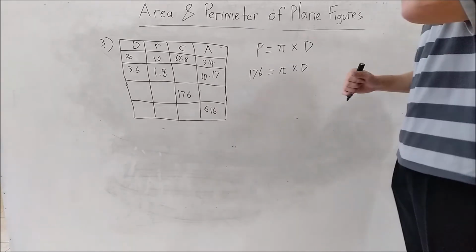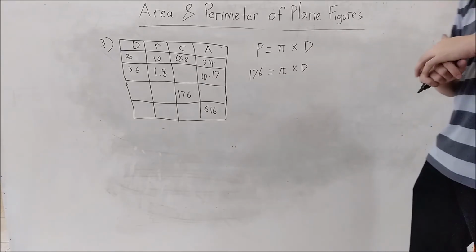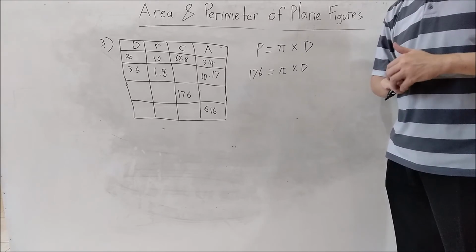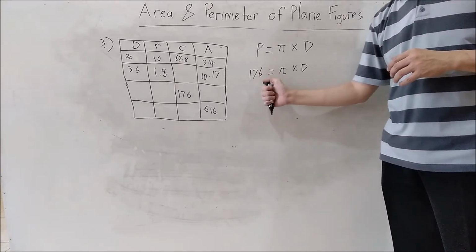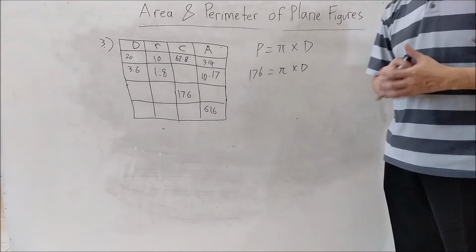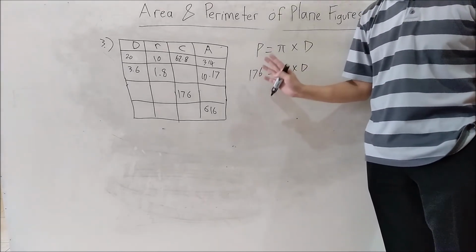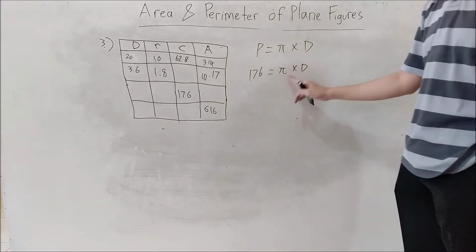At this point, it's not divisible by 7 anymore, because what you know here is the perimeter. What I will check is whether the perimeter is divisible by 22, because we have 22 over 7 in here.